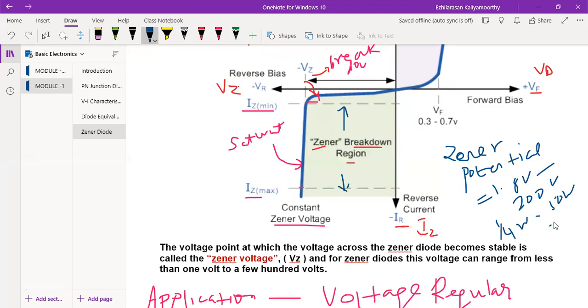Because of its excellent temperature and current capabilities, silicon is the preferred material in the manufacture of Zener diodes.